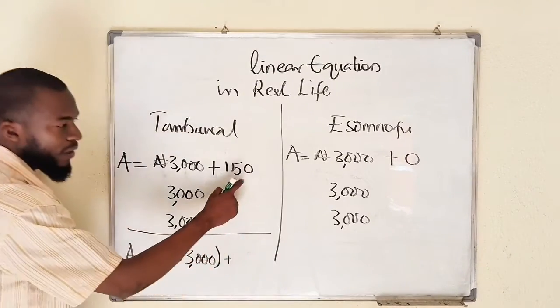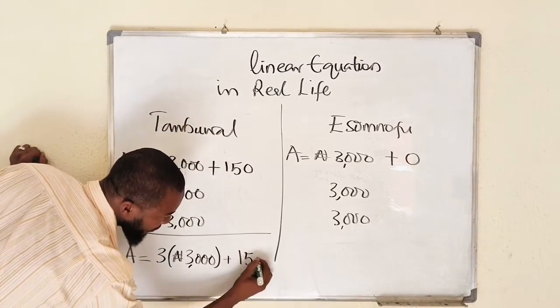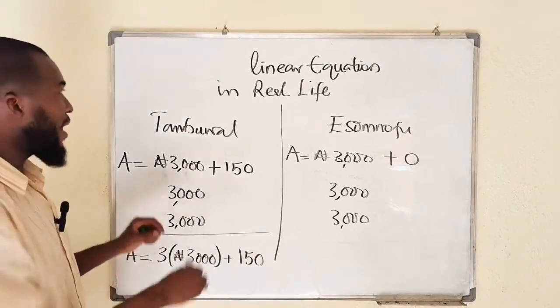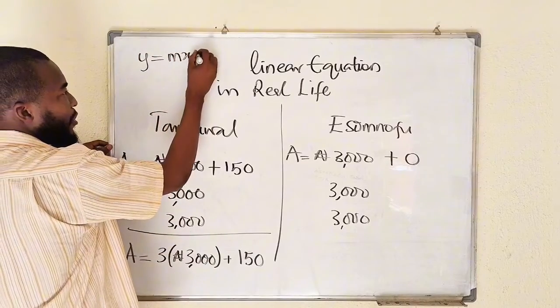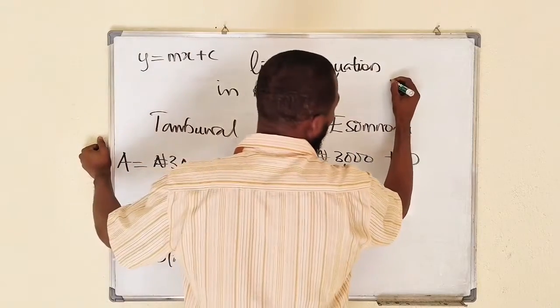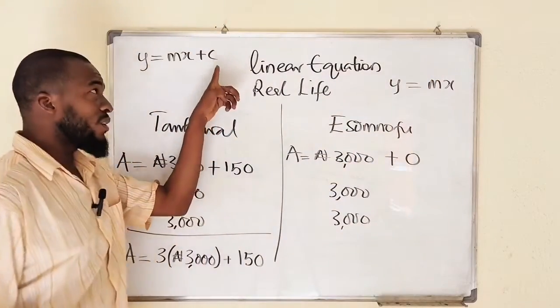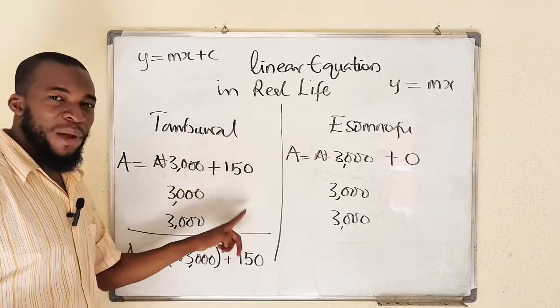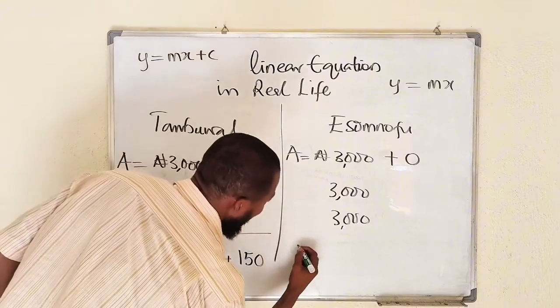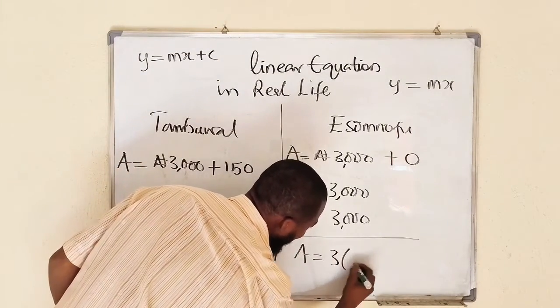But remember that this will still be in my account. This is why I told you you can have an equation of the form mx plus c or just mx. So in this situation, this constant stands for this initial amount. Mr. Isomnofu will have the same 3 of this 3,000 naira.